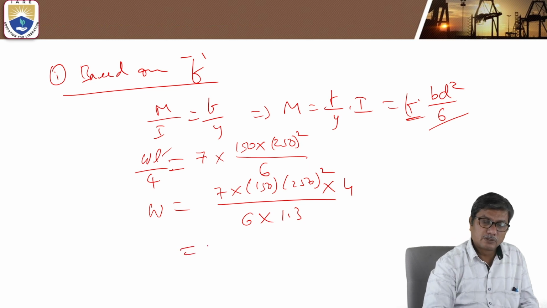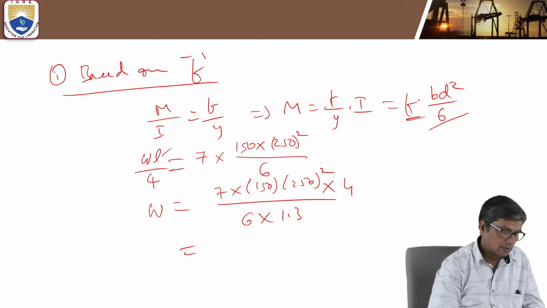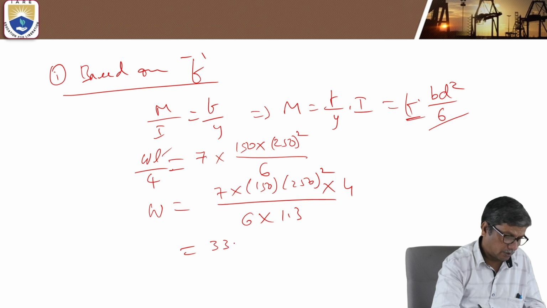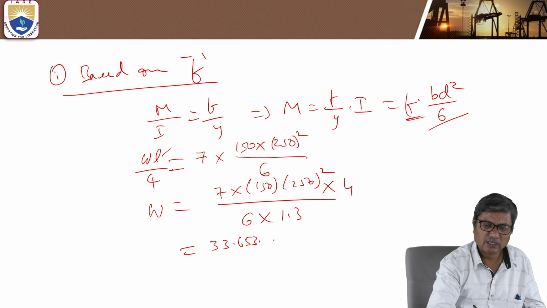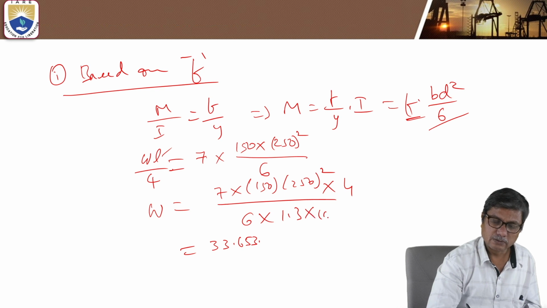So this comes out to be 250 into 250 into 150 into 7 into 4, divided by 6, divided by 1.3, with 1.3 into 1000.